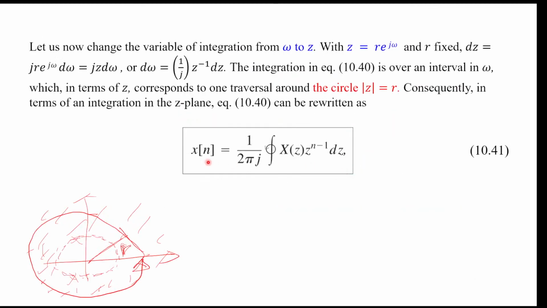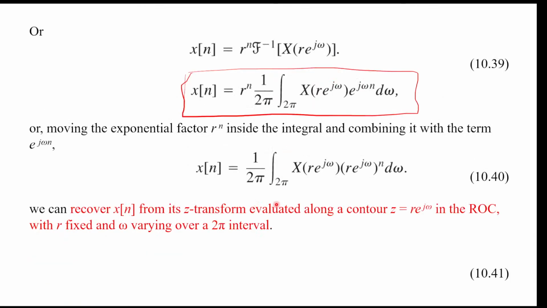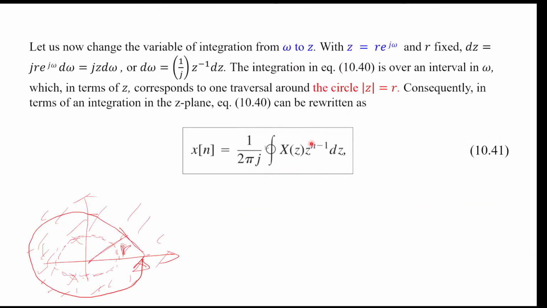Then everything together, we have x[n] is 1 over 2πj times the integration over some contour inside the ROC of X(z) times z^{n-1}, because it was z^n multiplied with z^{-1}, and dz. So this is a contour integral you can do to get your inverse z transform.